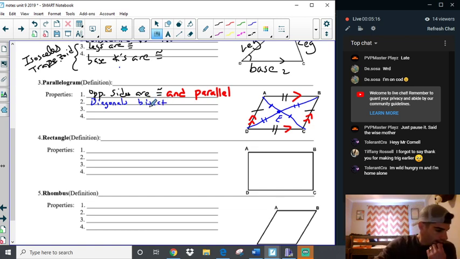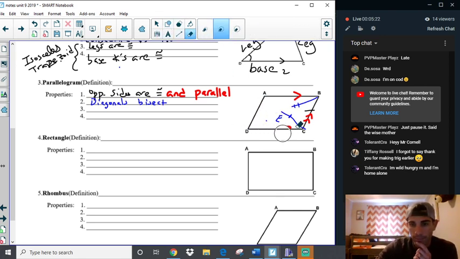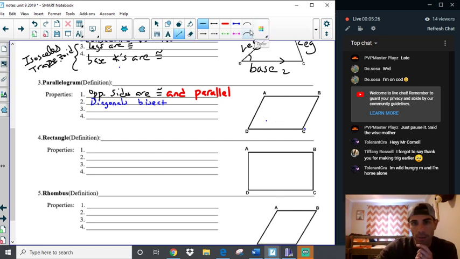Now we can erase this to clean it up a little bit, and we'll talk about the angles. Very similar to the trapezoid, because we have parallel lines here, we can say these consecutive angles, A and D, are not the same, but they add up and equal 180 degrees.